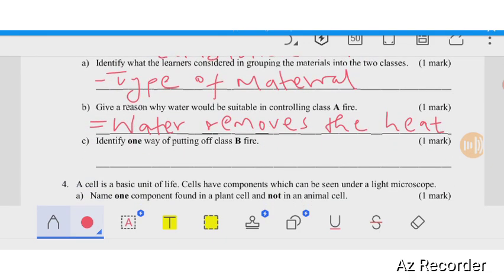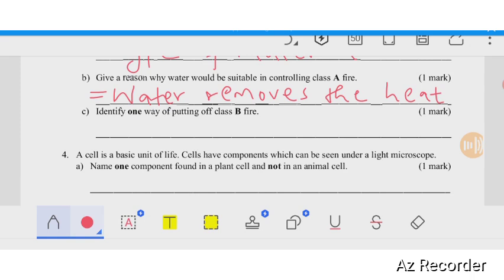So you can use a fire blanket. What it does, it removes the air, and finally the fire is put out.